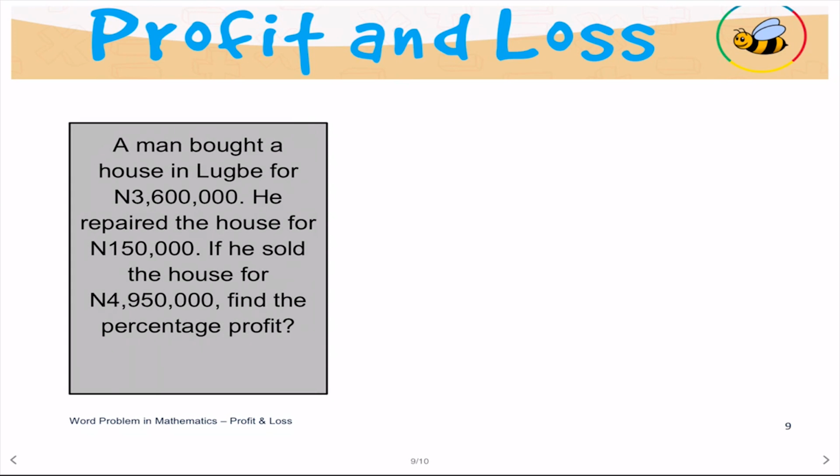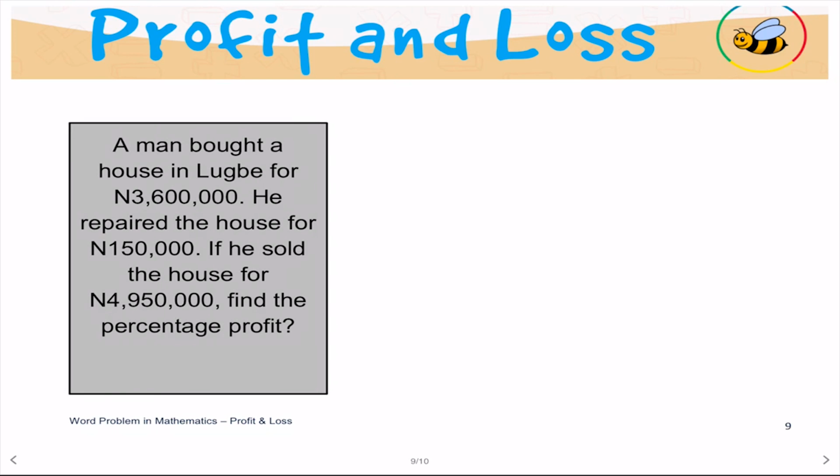So we have two costs that we have to sum together to find the absolute total cost of acquiring the house. We will then subtract this from the sales price of 4.95 million, and then this will take us to the profits, and then we can calculate the percentage profit.